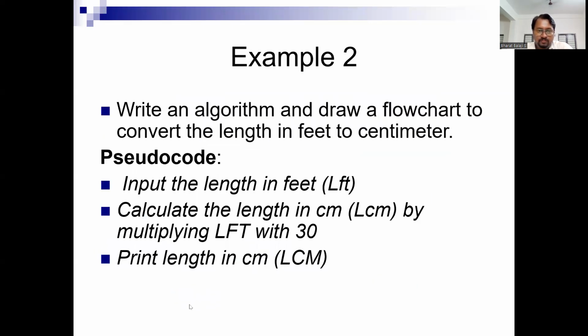Example 2, we are going to see another problem. Write an algorithm and draw a flowchart to convert the length in feet to centimeters. In pseudocode, we first take the input length in feet. In the second step, we calculate the length in centimeters by multiplying the length in feet with 30.